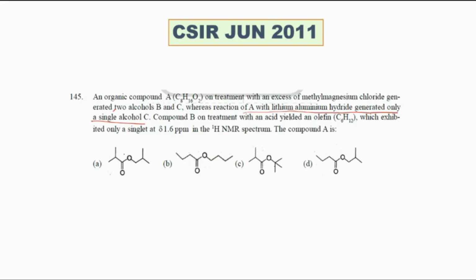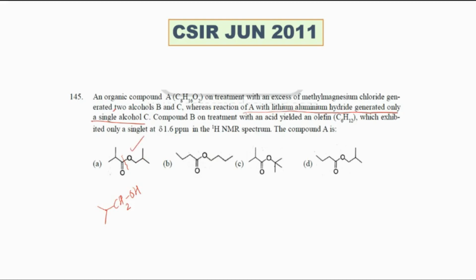See, when I reduce this, this carbon will become CH2, then I'll have OH. Now this will give me what? The same thing, CH3, CH2OH. This will give me the same alcohol.